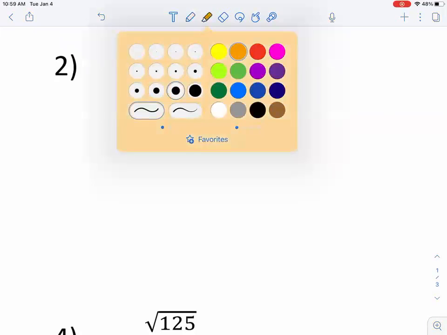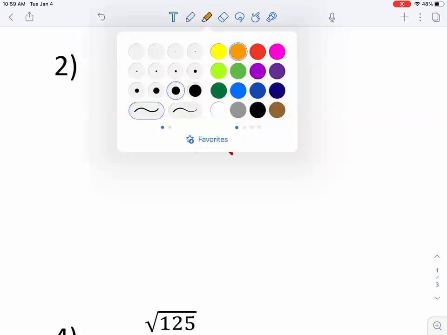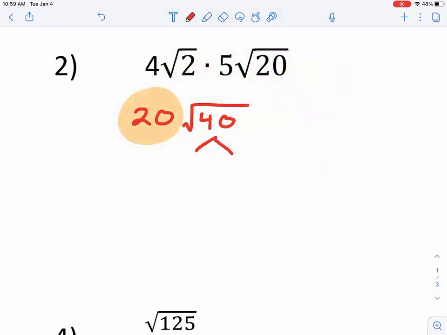Okay, we're going to leave the 20 for the end. But we'll do our factor tree for 40. So I know that 40 is even, right? So I'll make that 2 and 20. I'm going to make 20 2 times 10. And I make 10, 2 times 5, and now I'm down to all prime numbers.